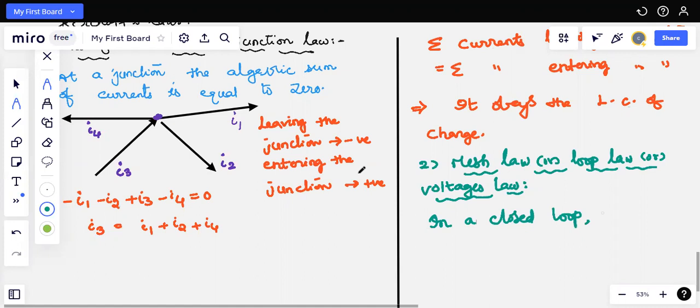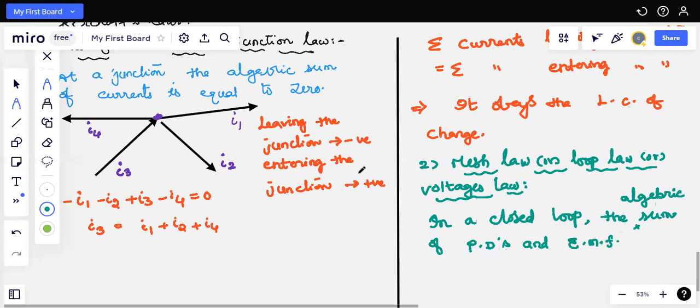So first, what do we write in a closed loop? The algebraic sum of PDs, with the algebraic sum, not the ordinary sum, including the sign conventions. If cells are there, we call the PD across the cell the EMF, electromotive force.